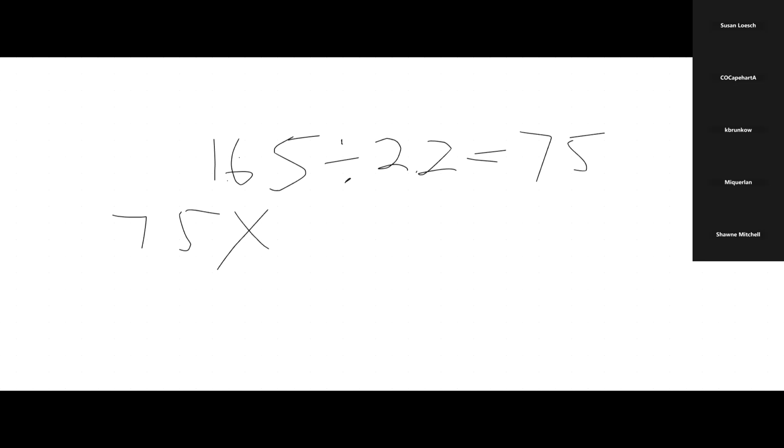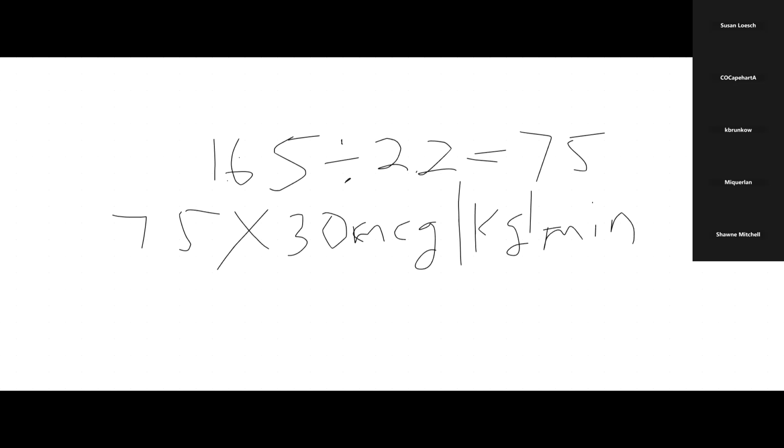Okay, so this one started with a weight of 165 divided by your 2.2. That gave us 75 times your 30 micrograms per kilogram per minute. That should have gave you 2250 micrograms per minute divided by 1,000.